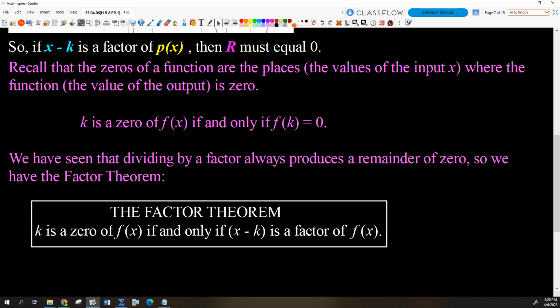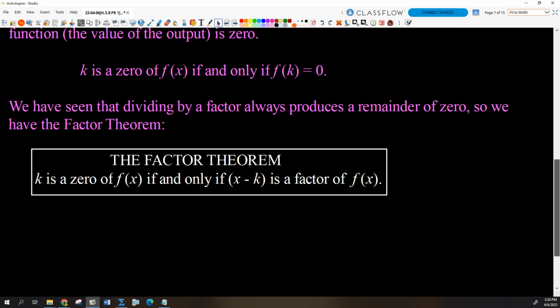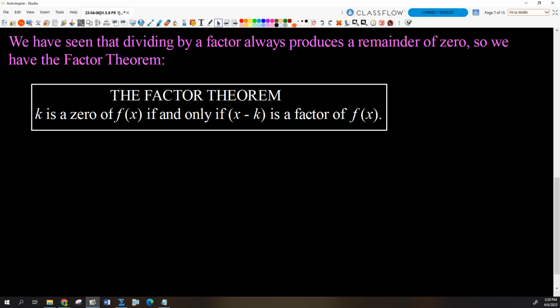I know that k is a 0 of f of x if and only if when I input k into the function, I get out 0. We've seen that dividing by a factor always produces a remainder of 0. So we also have the factor theorem coming out of this that's connected. K is a 0 of f of x if and only if x minus k is a factor of f of x, right? All that stuff just gets connected together, right?